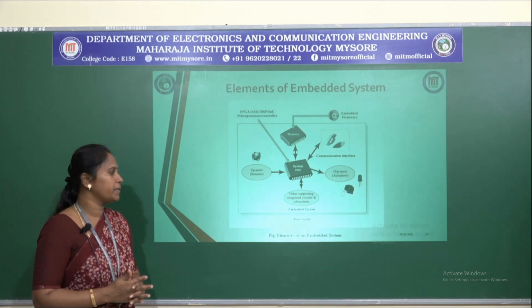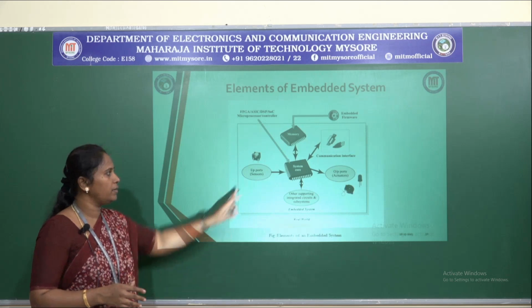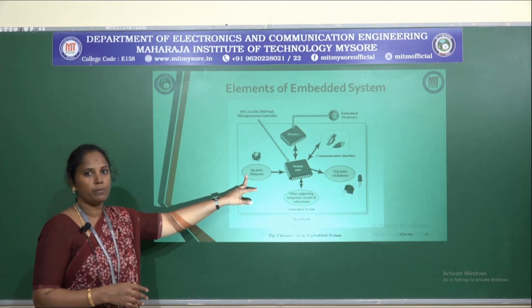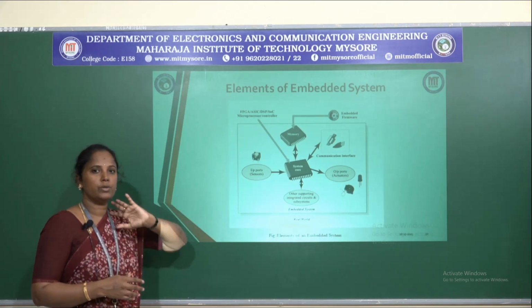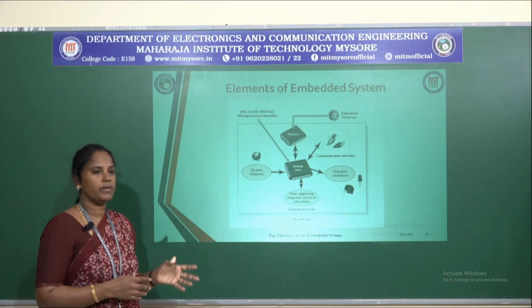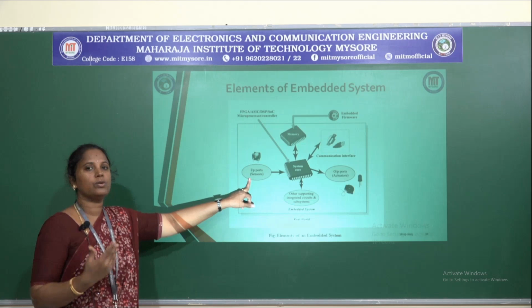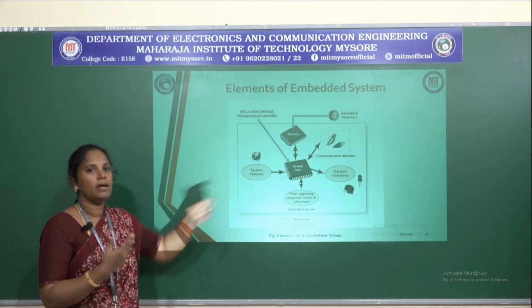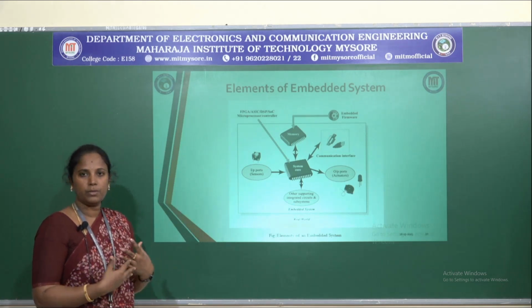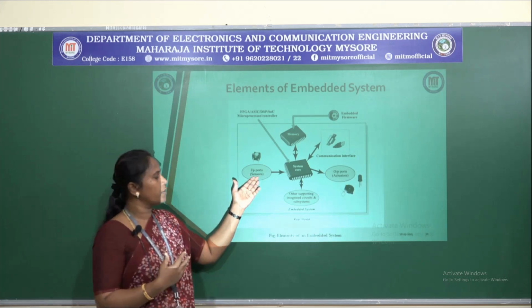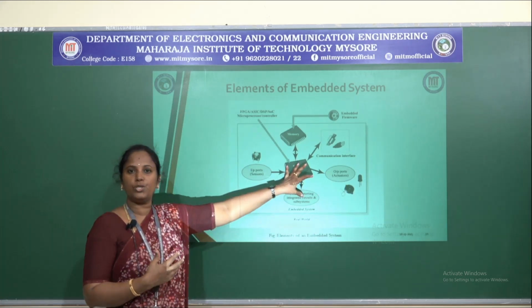With respect to our embedded system, we have input IO ports, which are all the input devices we consider. Those can also be called sensors. That means we sense the input, and whatever input we sense is given to the core.